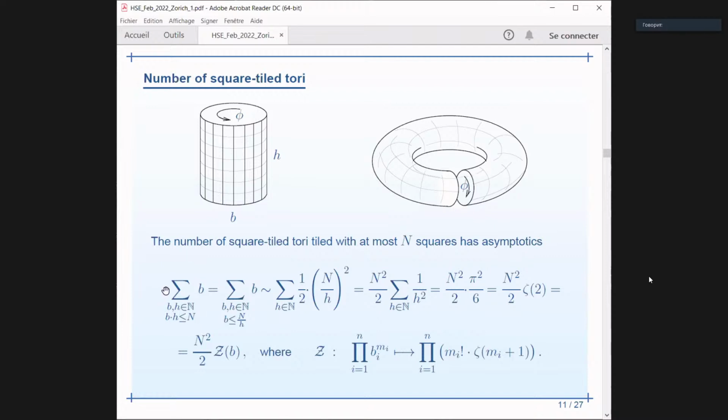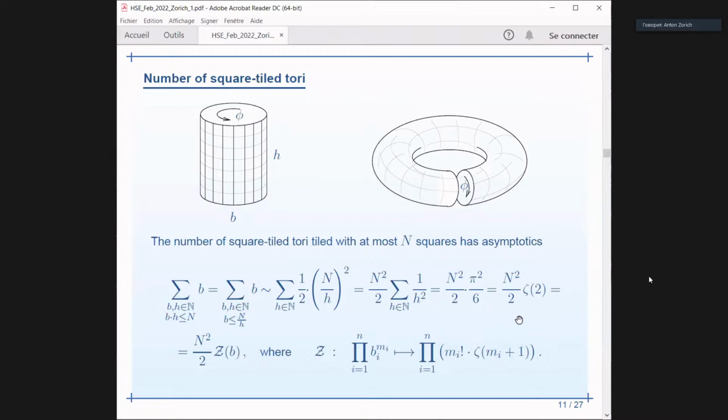And so basically, I have a polynomial in one letter b of degree 1, this polynomial b. And from this polynomial, I make these simple-minded manipulations, and I obtain a quadratic asymptotics in the number of squares with a very explicit coefficient.